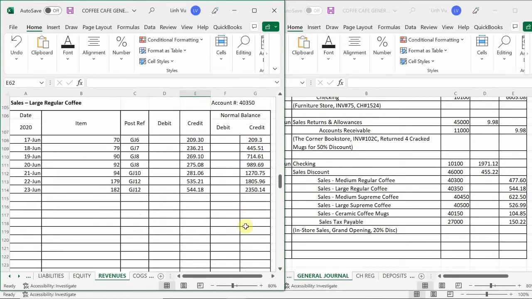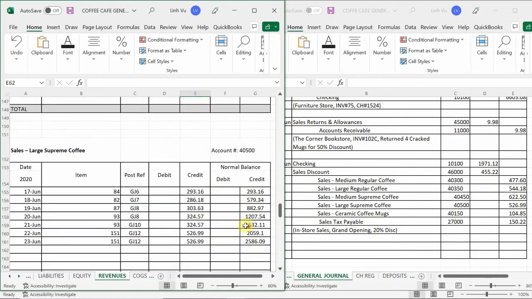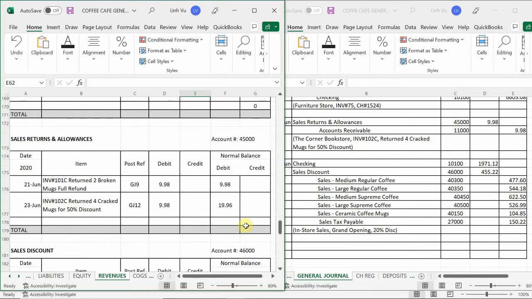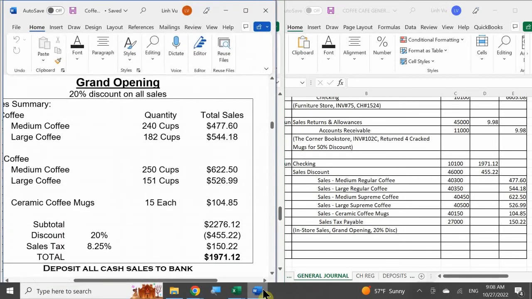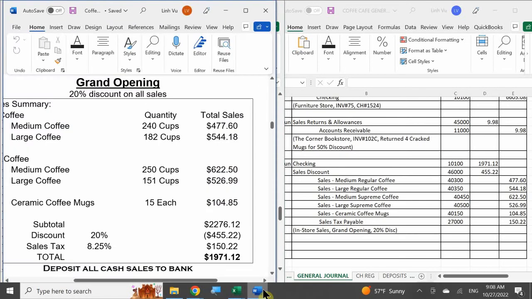When he was looking at the price, instead of 150, I saw 182, but I didn't see the word supreme. This one, the large supreme coffees. That was the previous one. Or in the invoice. Do you see it now? Yeah, it says coffee, but I don't see if it says supreme coffee or regular coffee.